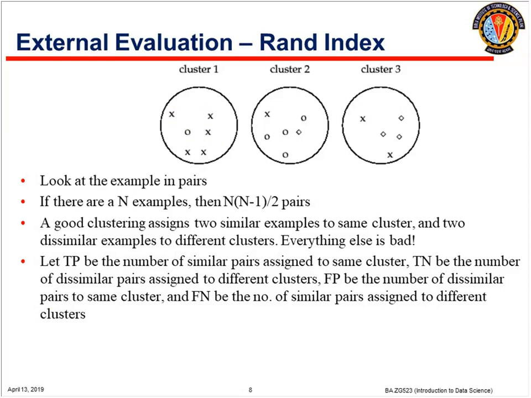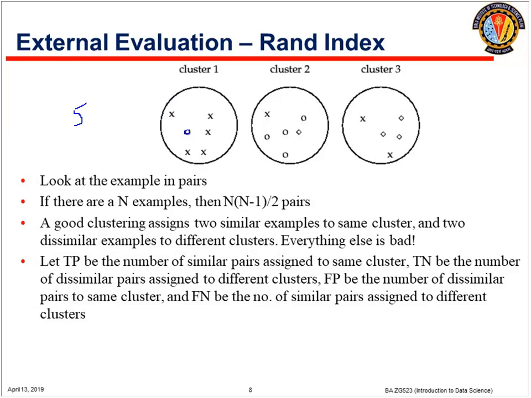If you just combine this O, the circle, with any of the crosses, you get a dissimilar pair, right? So that means there are a total of 5 dissimilar pairs possible in cluster 1. So cluster 1 has 5 dissimilar pairs.